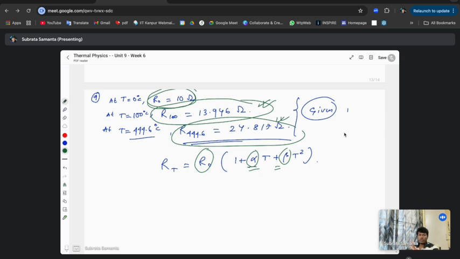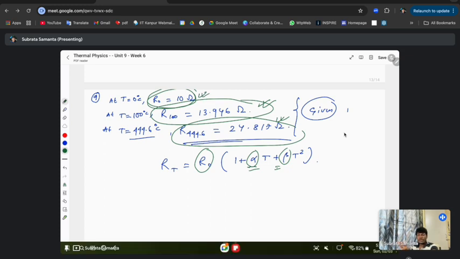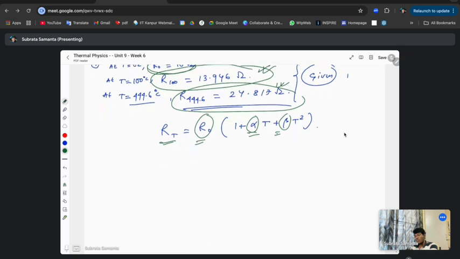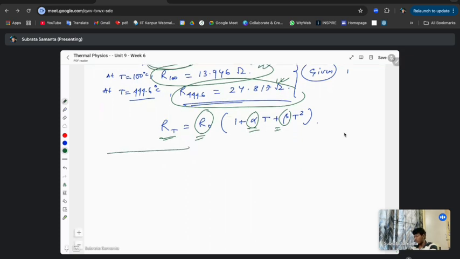Since we have to calculate two unknown quantities, alpha and beta, and R0 is given, we need two values of R_T, the boundary values. R0 is the initial value and we need two boundary values to calculate alpha and beta. How to do that? It's very simple.